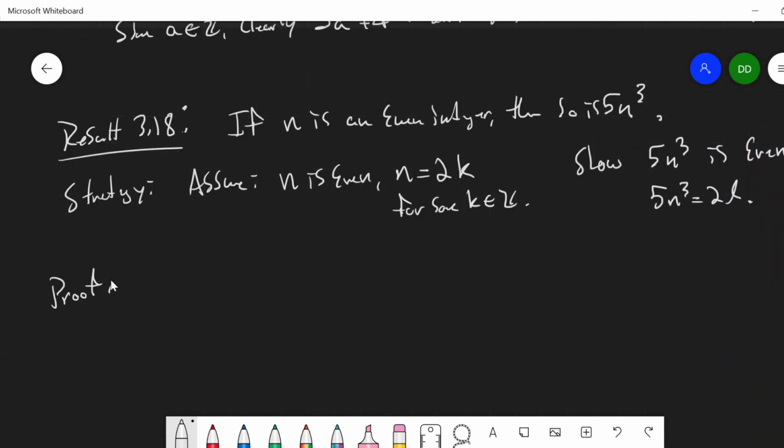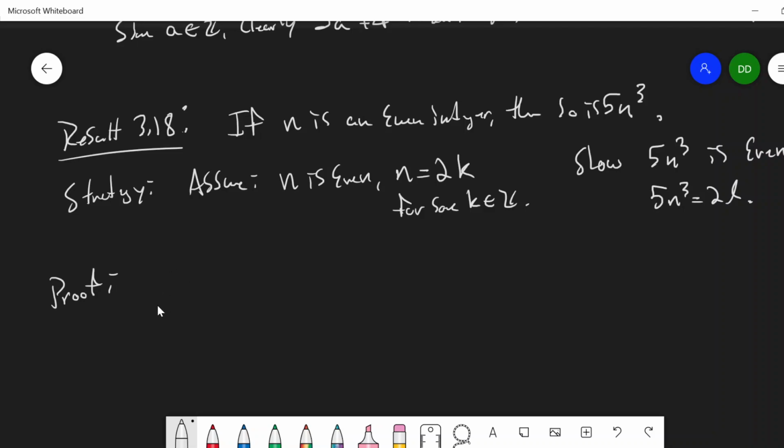All right, so let's prove it. You'll notice I'll be able to use the same strategy I did the last time. This is what a direct proof is. I write my assumption down, draw a conclusion, and then I'll be able to plug this into 5n cubed and write that as twice some other integer. So let's prove this. Now, oftentimes, technically, or at least what I've shown you so far, my first statement is always assume that n is even.